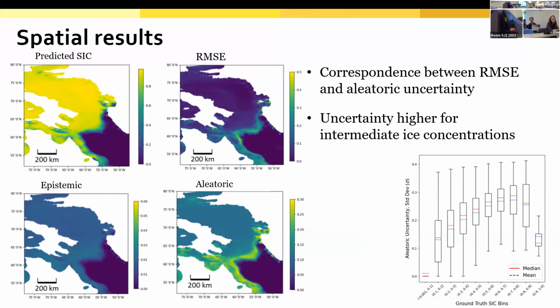And then in your bottom right, you can see that over the entire year that trend is fairly persistent, meaning that the aleatoric uncertainty is always a bit higher for those intermediate ice concentrations than at the water and ice endpoints of 0 and 100%.